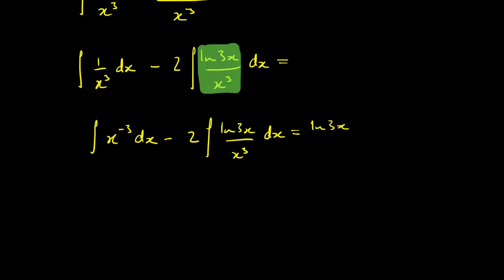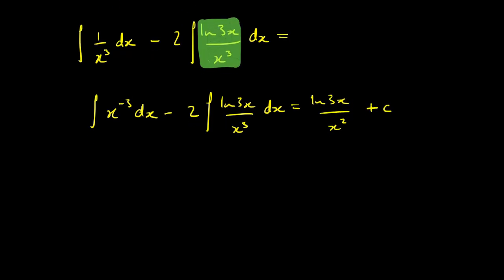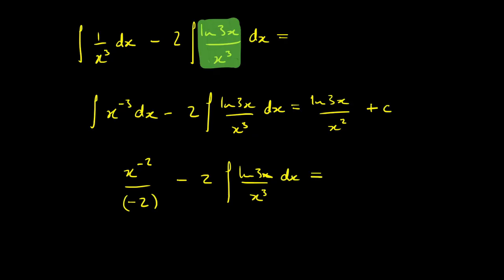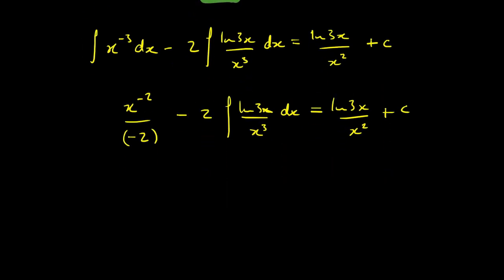So if I integrate x to the power of -3, I get x to the power of -2 because I add 1 to the power, and I divide by the new power, so I divide by -2. Minus 2, the integral ln 3x upon x cubed dx, and equal to the ln 3x upon x squared plus c. Okay, so now what I'm going to do is I'm just going to rearrange so that I can get this guy here on its own.